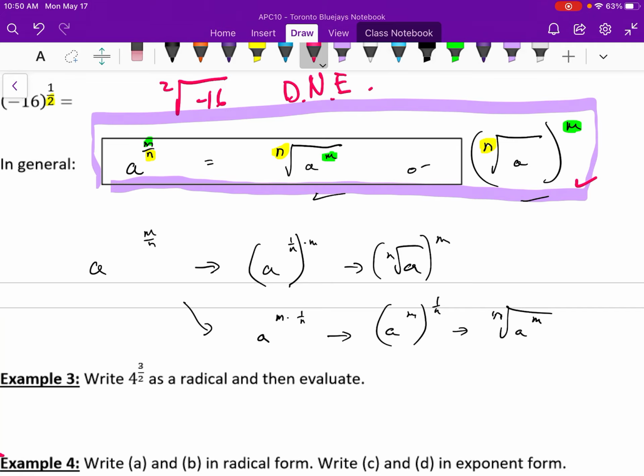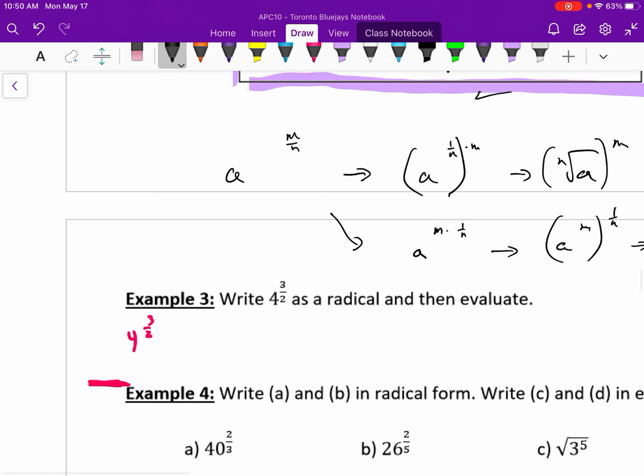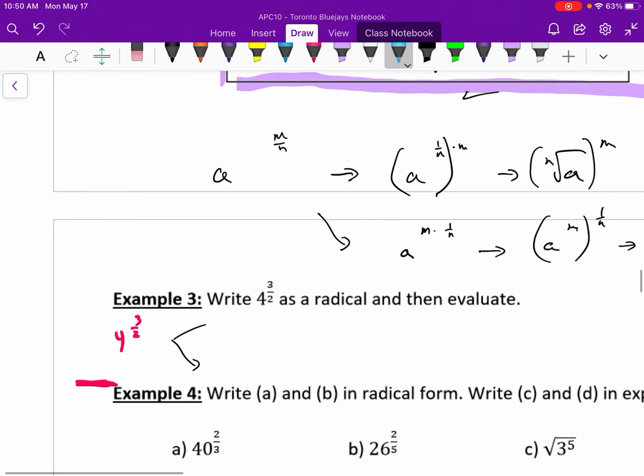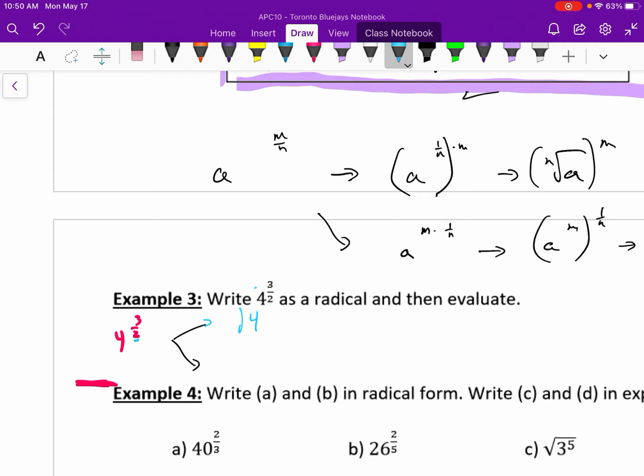Shall I demonstrate? Example number 3. 4 to the power of 3 over 2. I'm going to write it as a radical and then evaluate. If I was to write it as a radical, I could choose one of two paths. I'm going to pick the blue path, and notice that the denominator is 2. So that would mean the square root of 4, all to the power of 3.